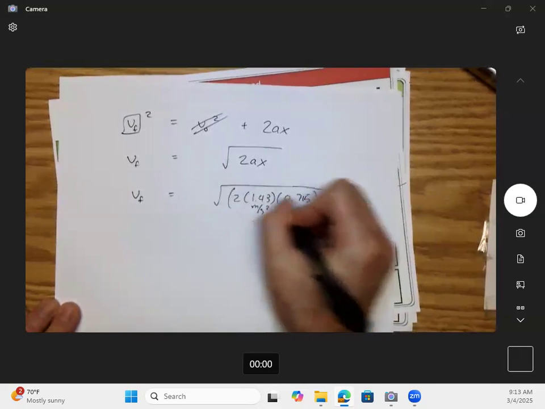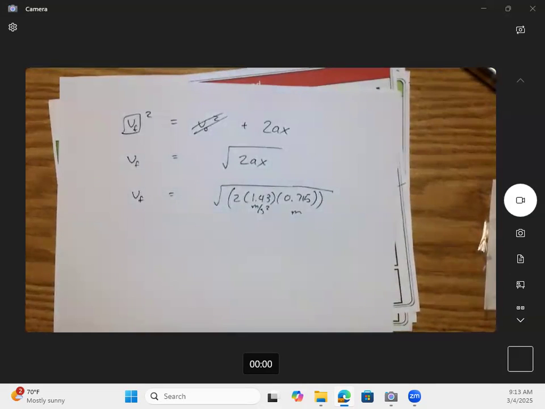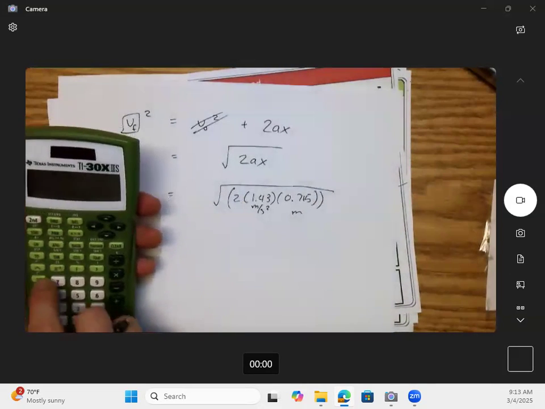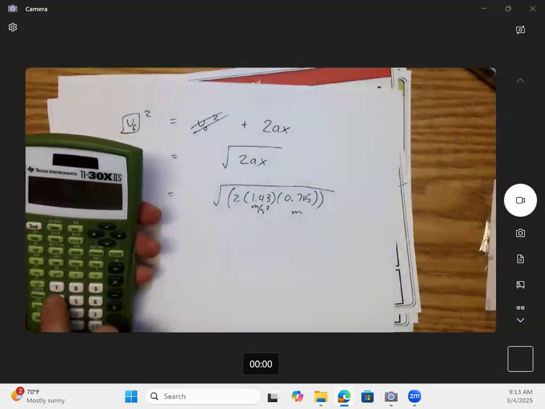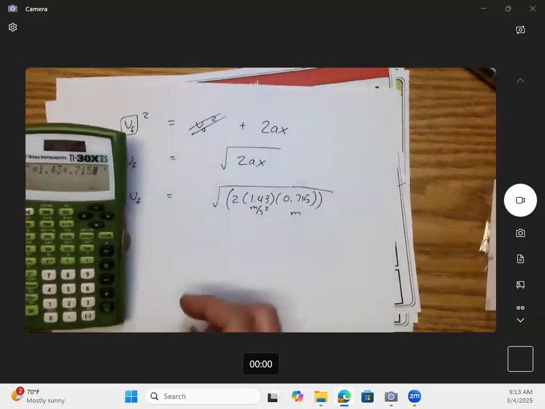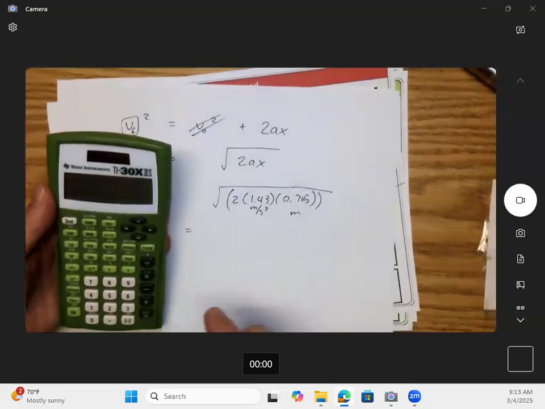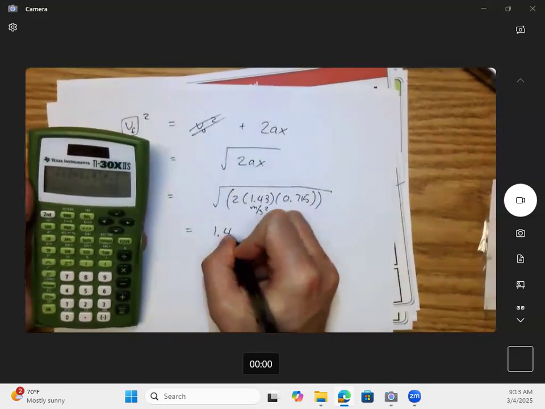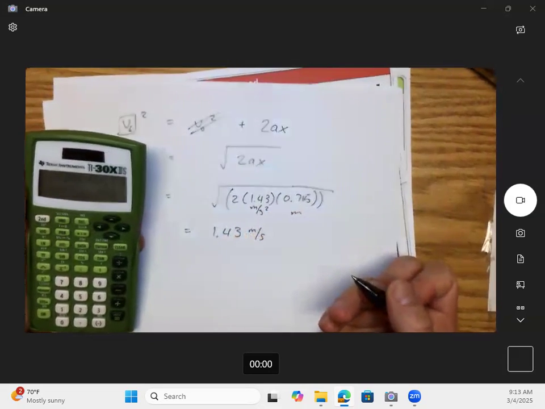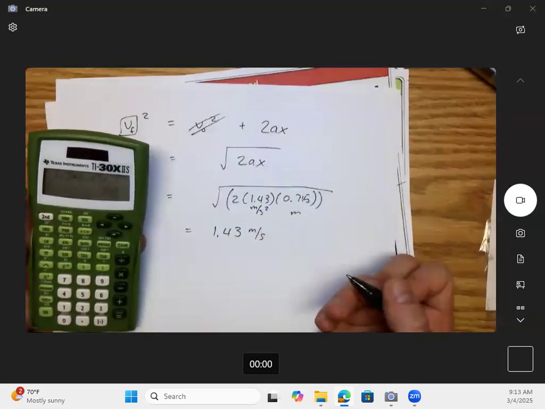And you guys know this has to come out to 1.43 meters per second. Let's see if it does. So square root of 2 times 1.43 times 0.715. Some of these numbers are rounded a little bit, so we'll see how close. Oh yeah, look at that. 1.43 meters per second. Wow, that's an exact number too. There you go.